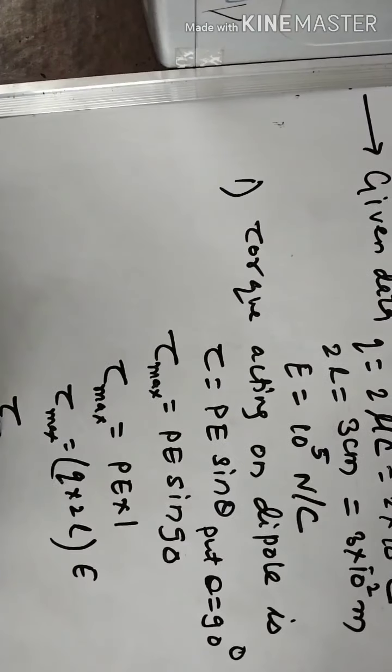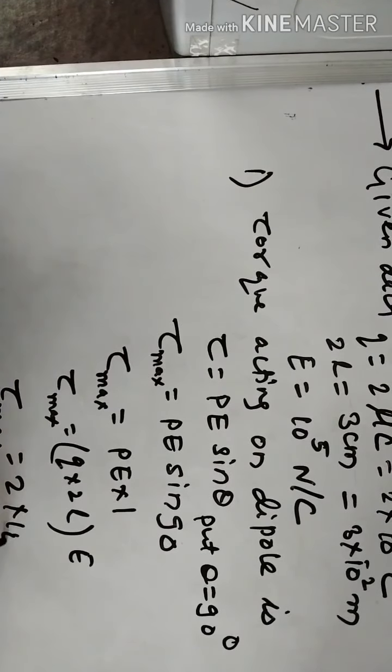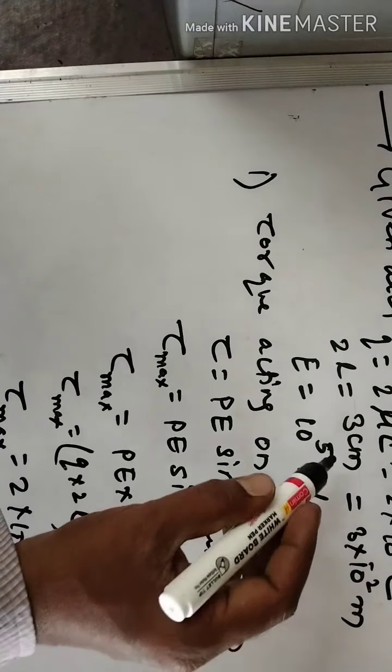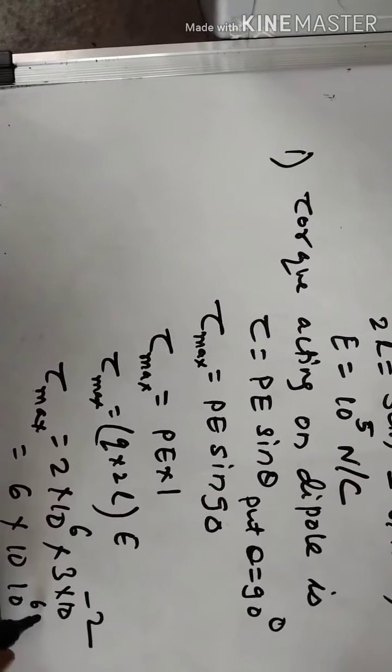So tau max is equal to, Q is how much? 2 into 10 to the power minus 6, into the distance, which is 3 centimeter, that is 3 into 10 to the power minus 2. So there is 2 into 3, that is 6, into 10 to the power minus 6 minus 2.